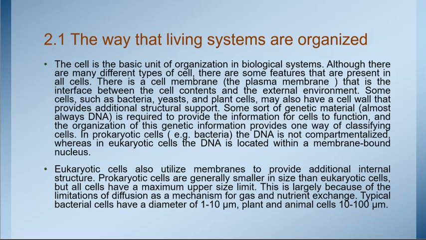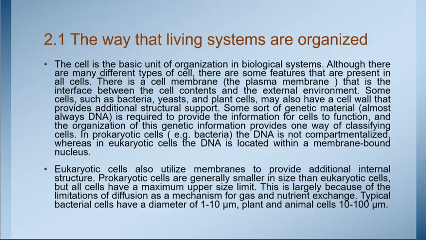In prokaryotic cells, for example bacteria, the DNA is not compartmentalized, whereas in eukaryotic cells, the DNA is located within a membrane-bound nucleus. So the eukaryotic cell also utilizes membranes to provide additional internal structure.